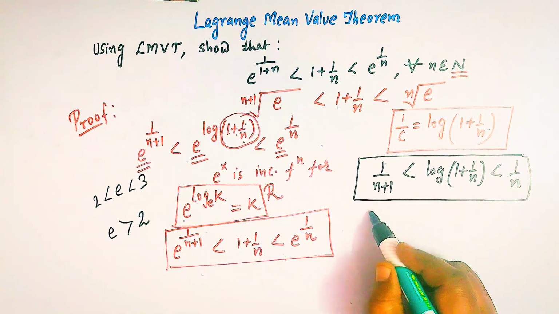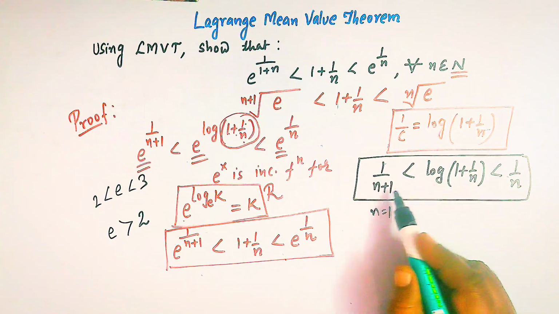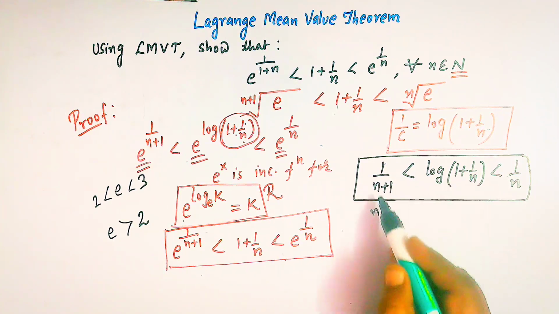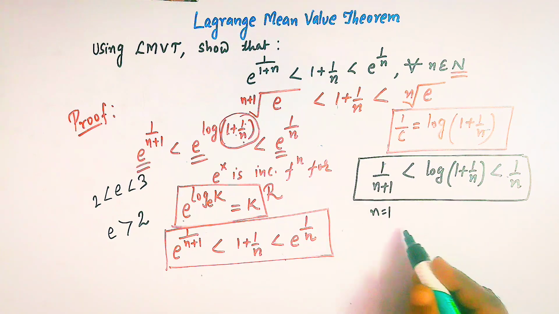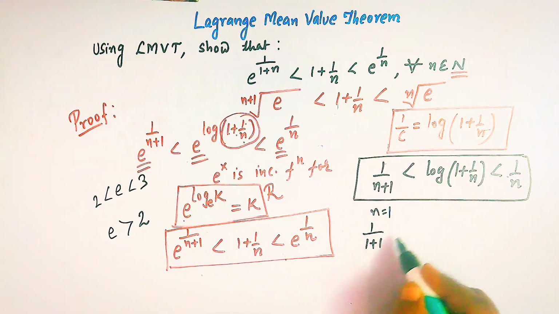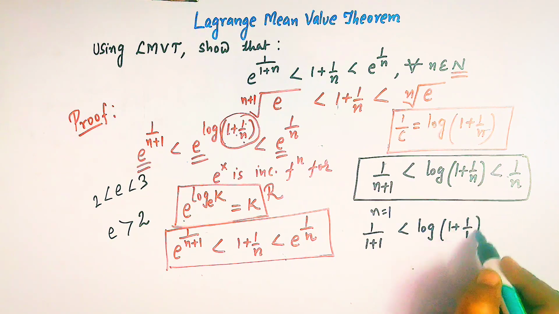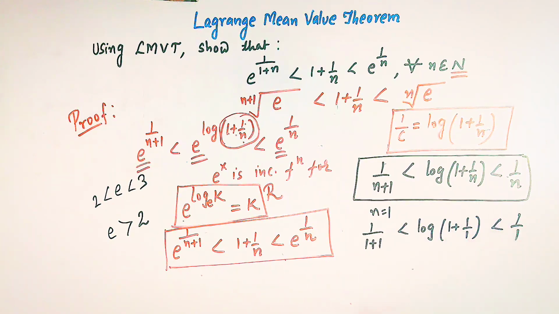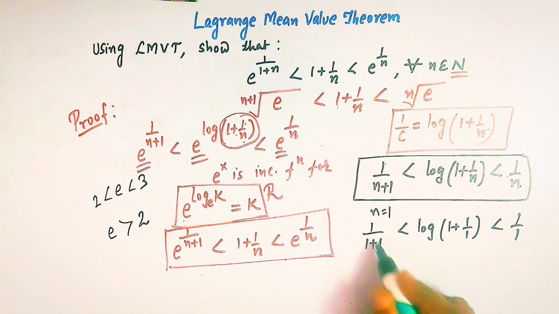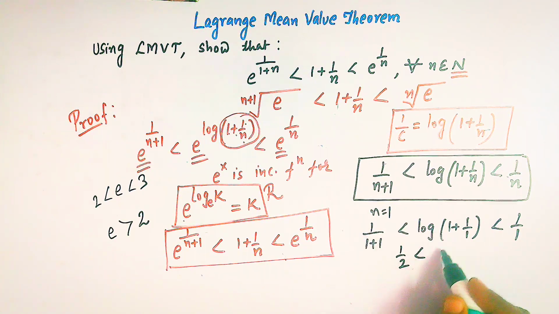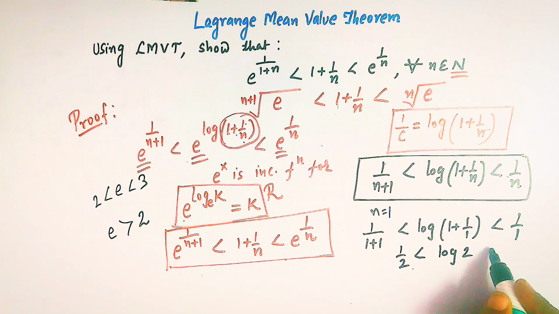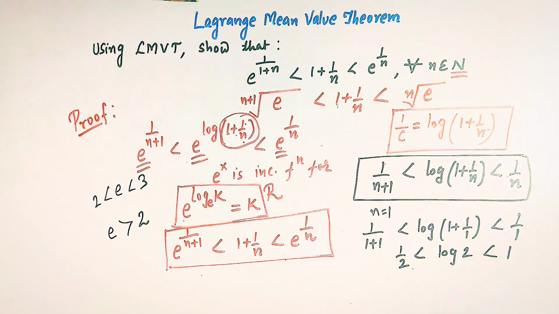So here if we take n is equal to 1, let us see what we get. So if we take n is equal to 1, here we have 1 over 1 plus 1, this is log of 1 plus 1 over 1, and this is 1 over 1, right? So this is 1 over 2, this is the log of 2, and this is 1, right?